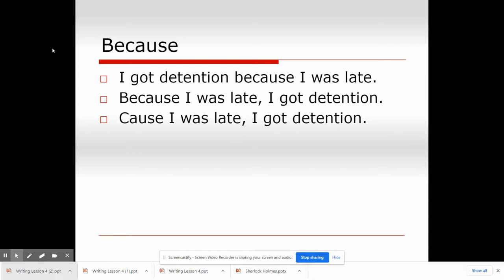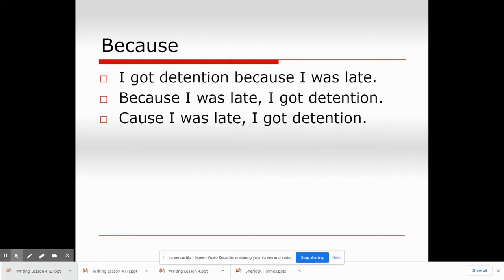The subject of the sentence is I, and then got is the verb there. We're just adding on that qualifying non-essential phrase at the beginning. So if it's a because-then kind of sentence, because I was late, I got detention, then you can begin the sentence with the word because.